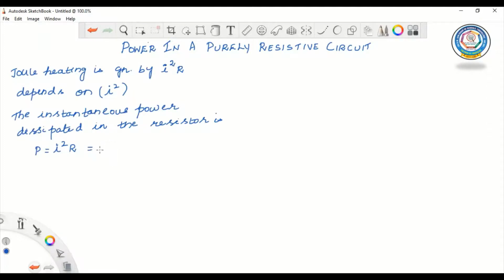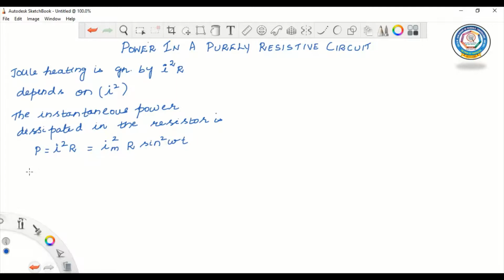I is nothing but Im sine omega t, right? So we are going to substitute it here, children. So you are already familiar with that. So P equals Im square R sine square omega t.